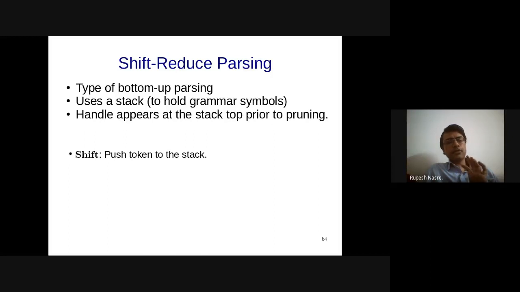Shift means that you are going to push the next token to the stack. Where is the token coming from? That is coming from the lexical analyzer. This shift action means that it should be pushed on the top of the stack. Reduce means that I need to identify the handle on the top of the stack and replace it by the left hand side non-terminal, and again push that onto the stack.